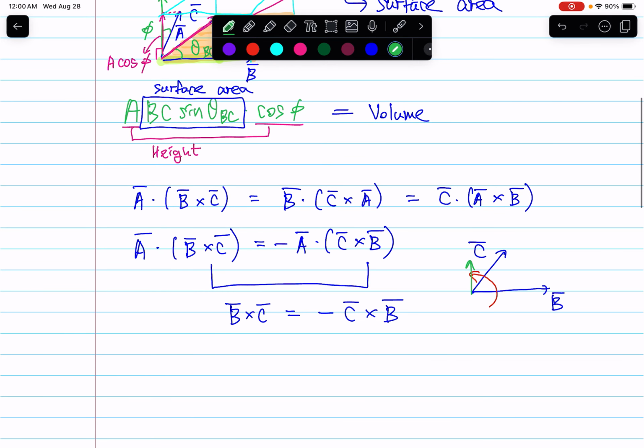But if you grab in the opposite direction, if you go to the other direction this way, okay, I should use a different color. But if you go C to B, then your normal vector will point downwards like that.